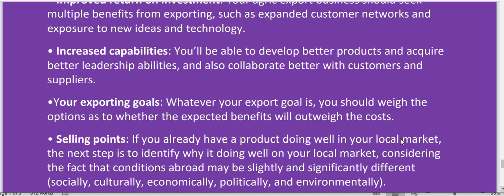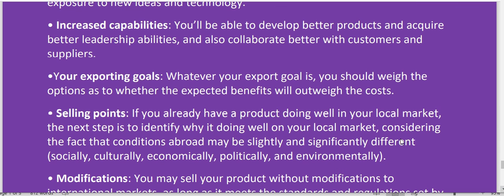The next thing is your exporting goals. Whatever your export goal is, you should weigh your options as to whether the expected benefit will outweigh your production cost. These are all self-assessment questions that you should ask yourself. And then also the selling point.